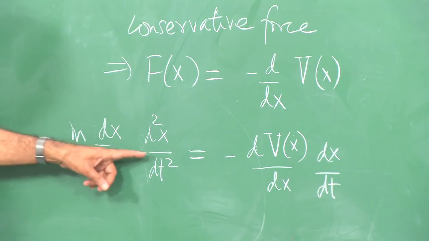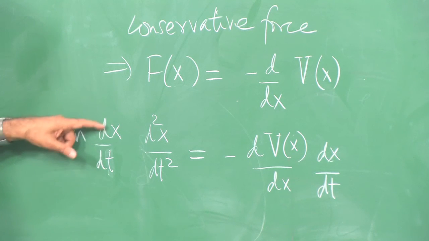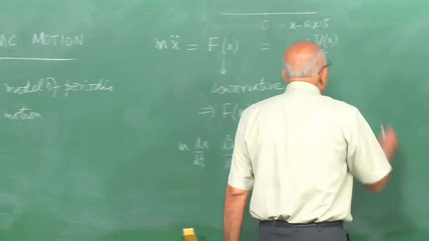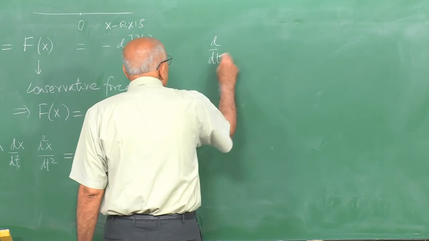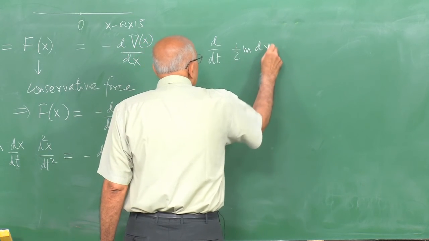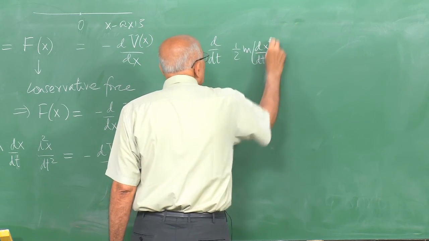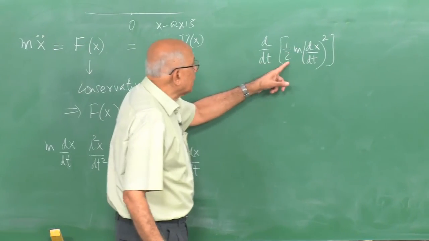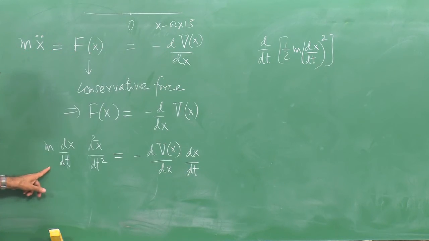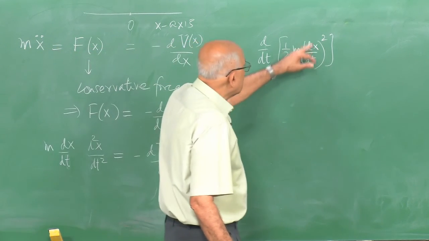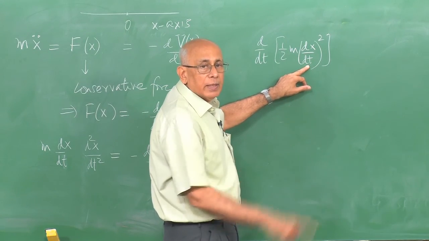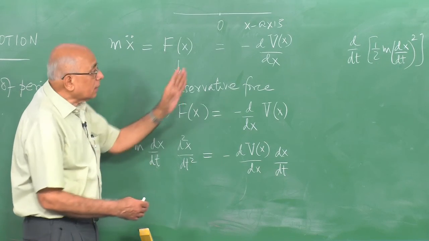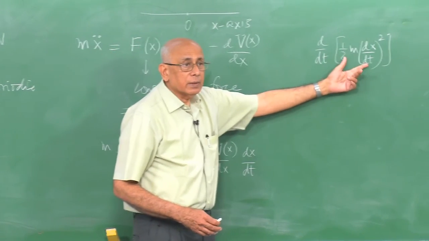But we recognize that the left hand side is the derivative of dx over dt whole squared apart from a factor half, because this thing here is the same as saying d over dt of 1/2 m dx over dt whole squared. If you differentiate that, then you get a factor 2 first, which cancels against this, the m comes out, it is a constant, and then you have twice dx over dt times the derivative of dx over dt, which is the second derivative here. So the left hand side is the time derivative of this combination here.